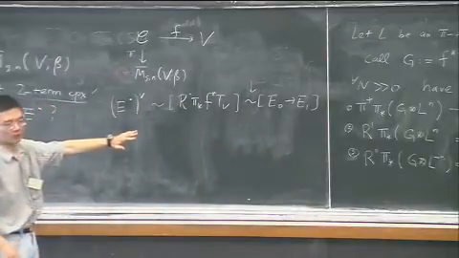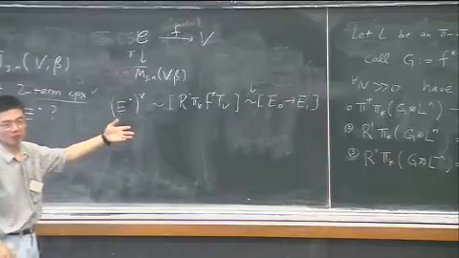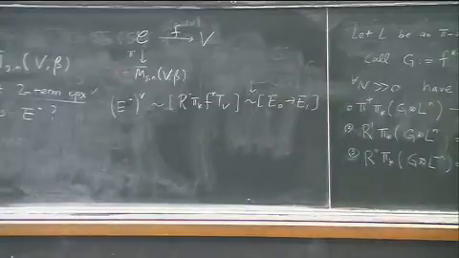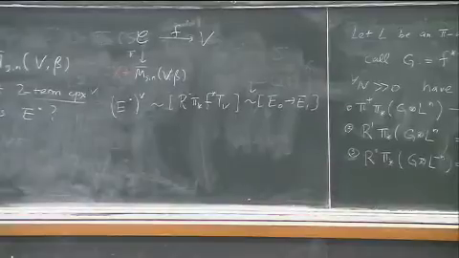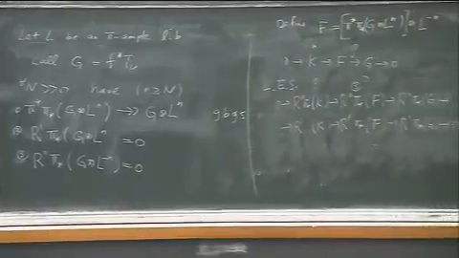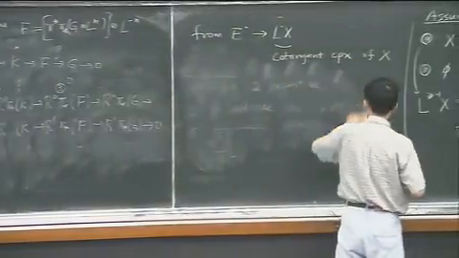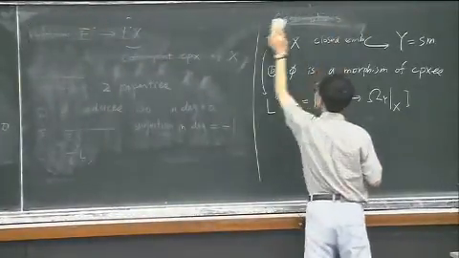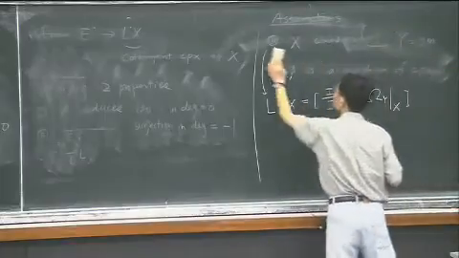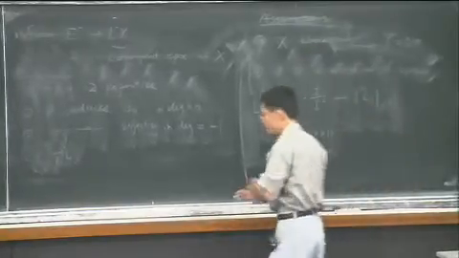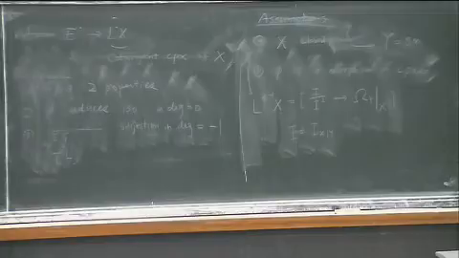So that's the two-term complex we found. Okay. So how do I construct this virtual class, which I'm going to be a little bit sketchy about. So usually what we do here is not to construct this absolute virtual perfect obstruction theory, but to do it fiber-wise over a fixed curve. So we'll construct a perfect obstruction theory fiber-wise with fixed curve.